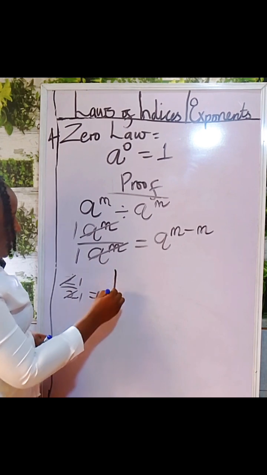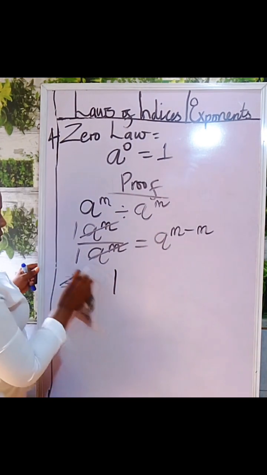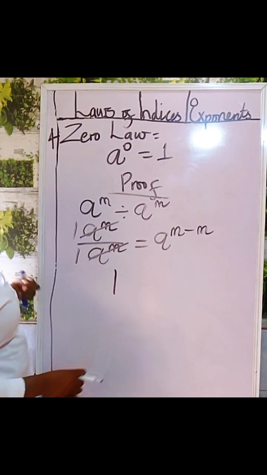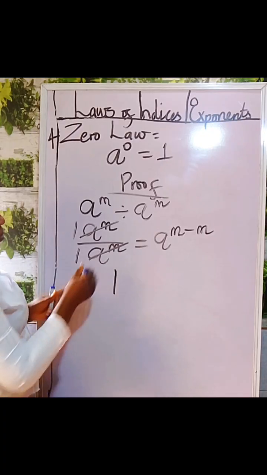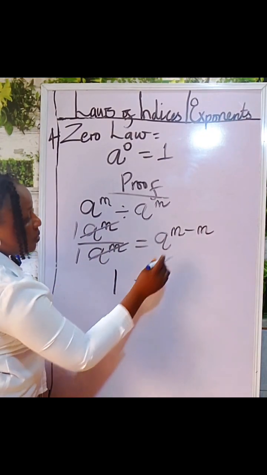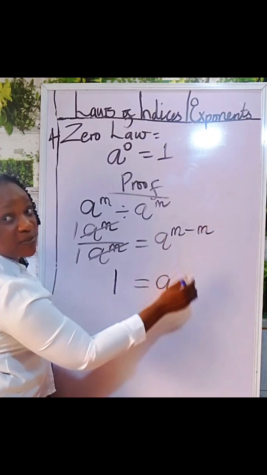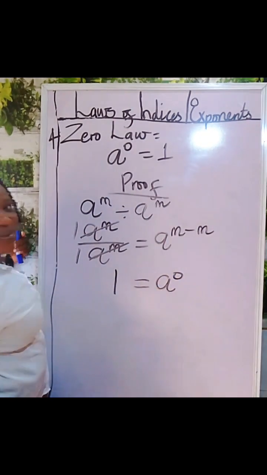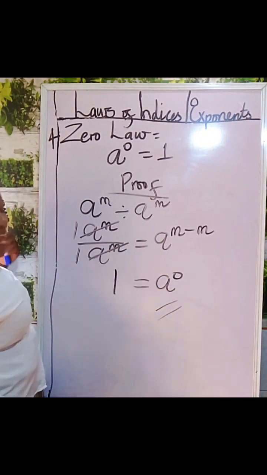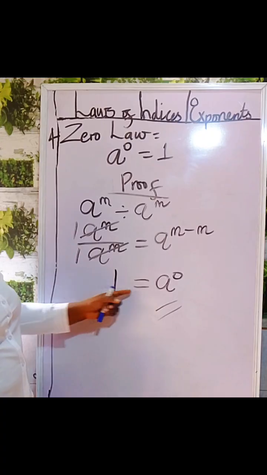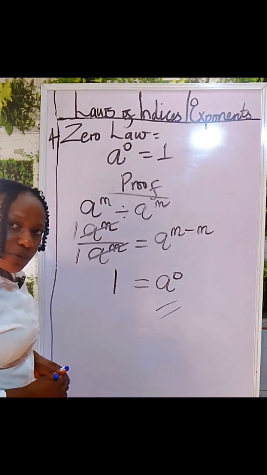So here is 1. And it is also equal to a raised to power m minus m, which is 0.